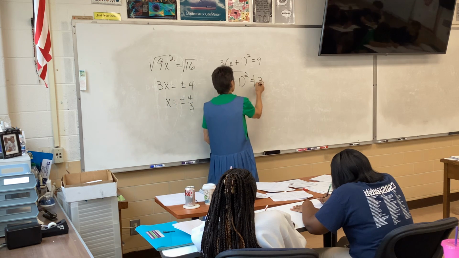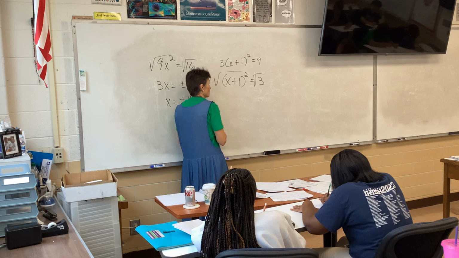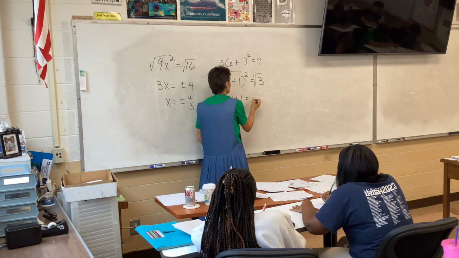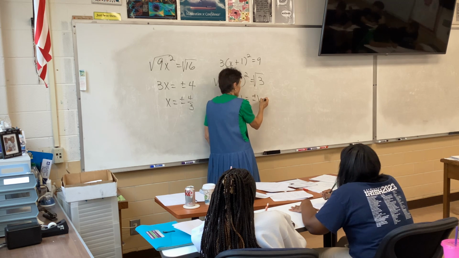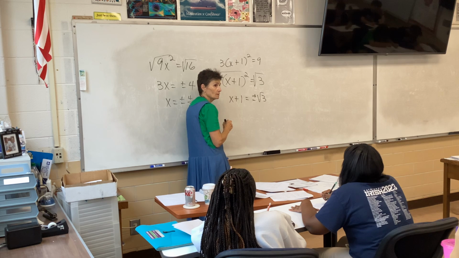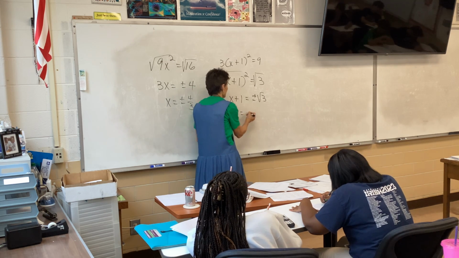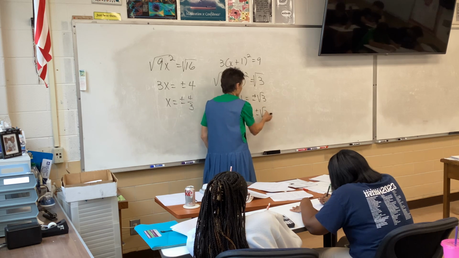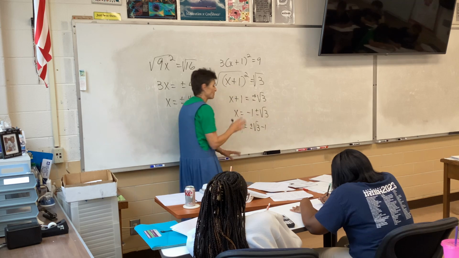Now, what happens when I square root x plus 1 squared? I get x plus 1. And when I square root this, I get plus or minus root 3. Your job is to solve for x. So I always put my number first, but if you said plus or minus root 3 minus 1, that is fine too.